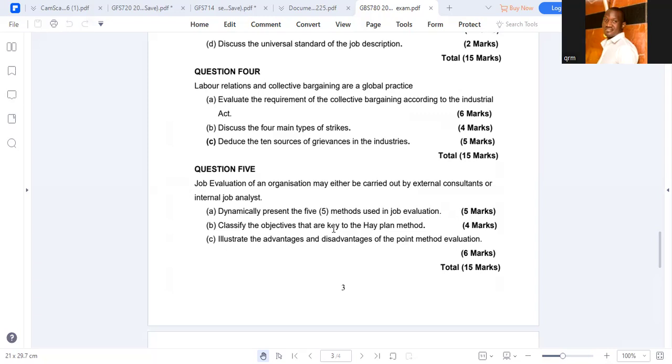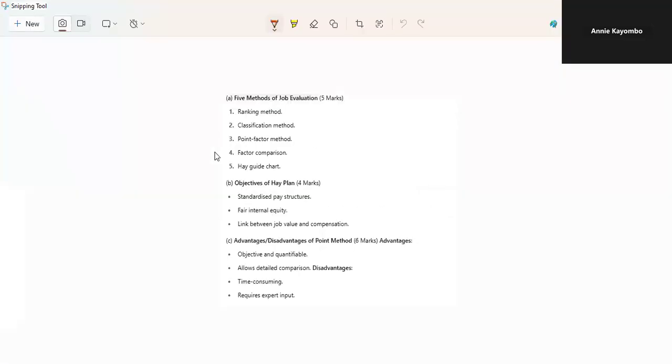So we had looked at this in the other paper. Maybe quickly, what are the 5 methods of job evaluation? We have a ranking method, a point factor method, there's a Hay plan, there's a market and job.